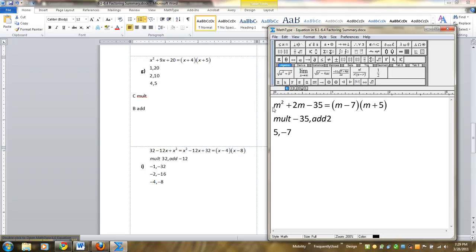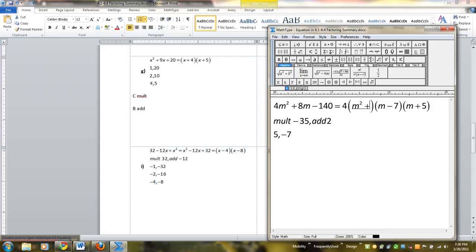Just to add to your difficulties, suppose it had been 4m squared plus 8m minus 140. Then you would have had to take a 4 out first, leaving m squared plus 2m minus 35.